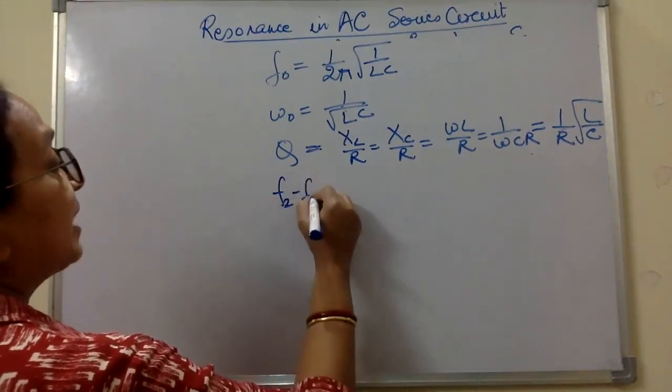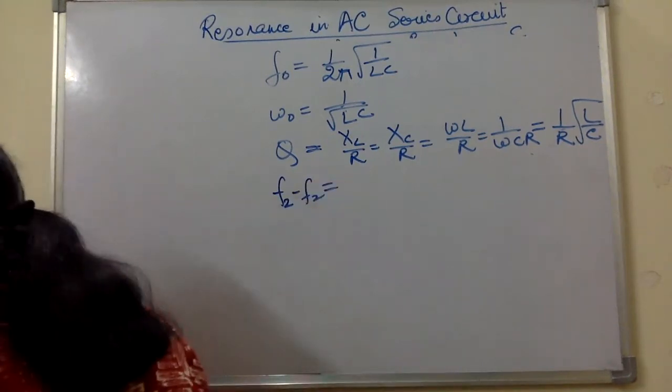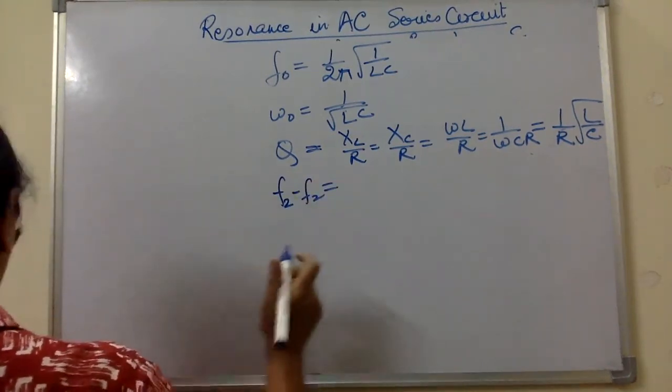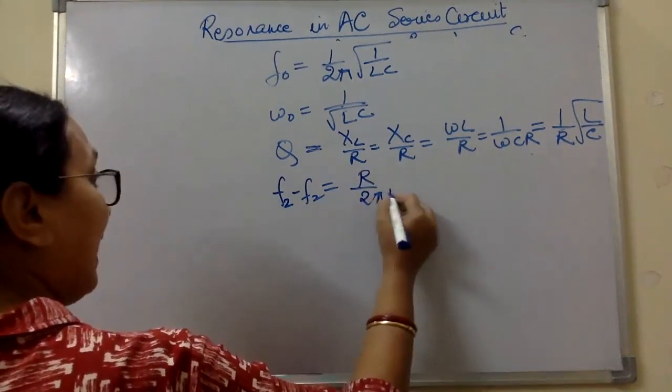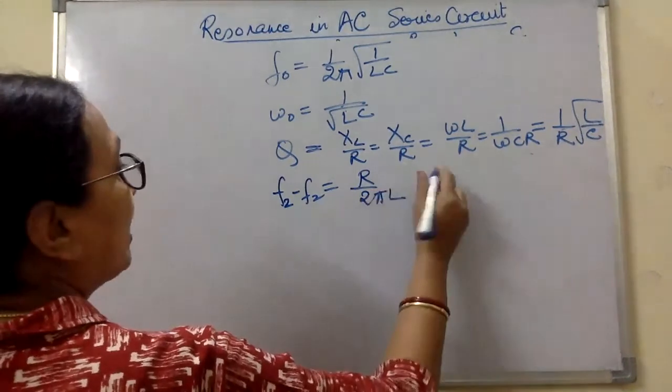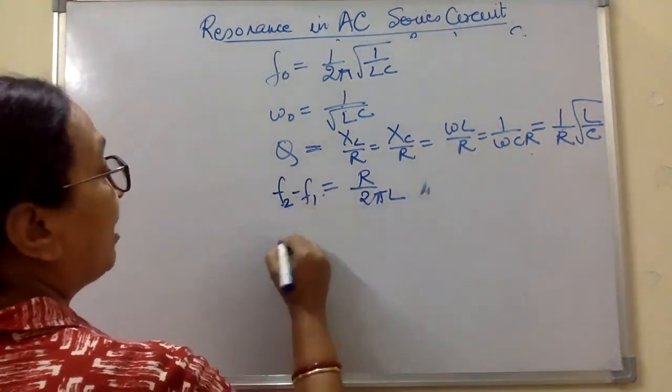Then we have defined the bandwidth, which is F2 minus F1, given by R by 2 pi L, or omega 2 minus omega 1.